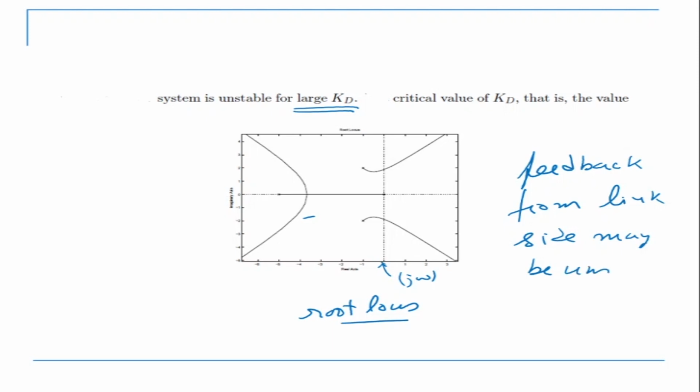Okay, so this is very important. When we are using series elastic actuators, we should be very careful which side we are taking the feedback from, because if you're taking it from the link side, you may end up making the system unstable, depending on if you're putting very high values of Kd.